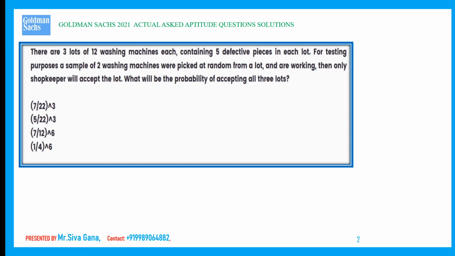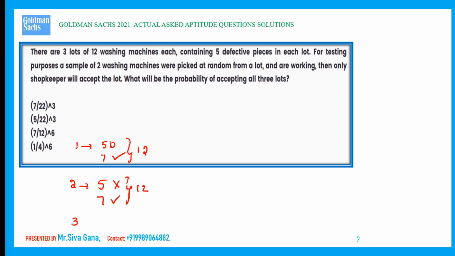There are three lots of washing machines, each containing five defective pieces. The first lot contains five defective pieces. Total how many? 12, which means 7 are in working mode. In the second lot also five defective pieces and 7 in perfectly working mode, so the total is 12.